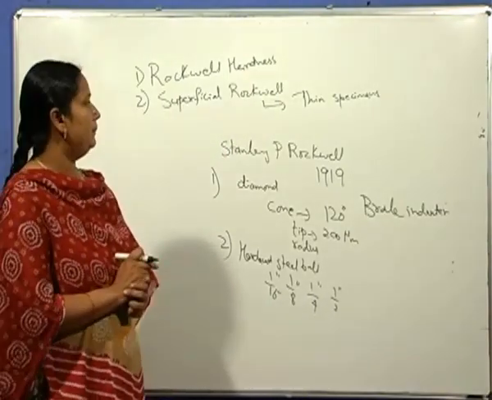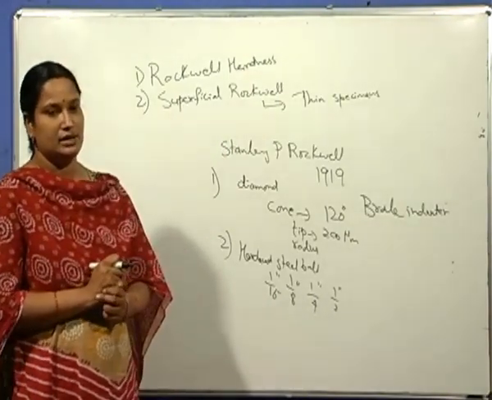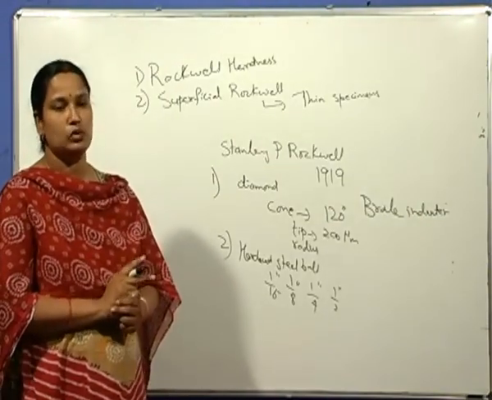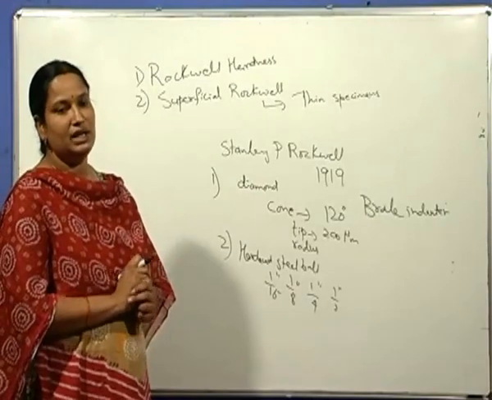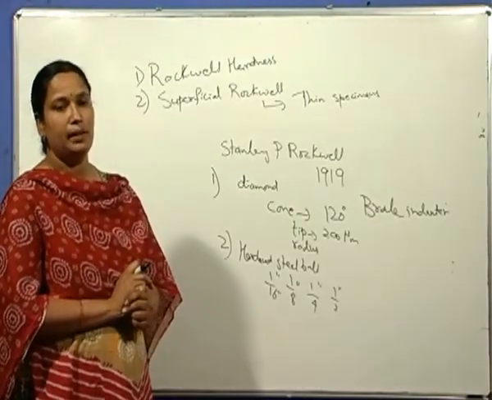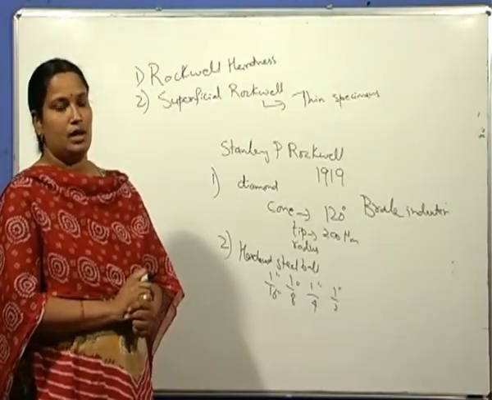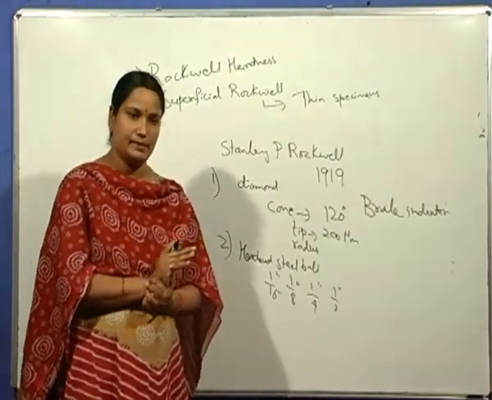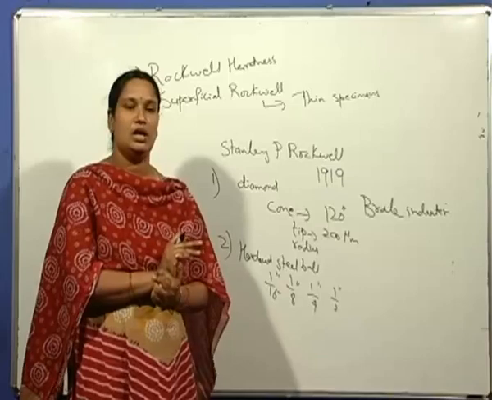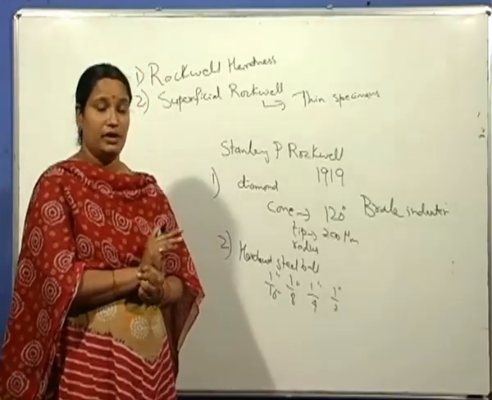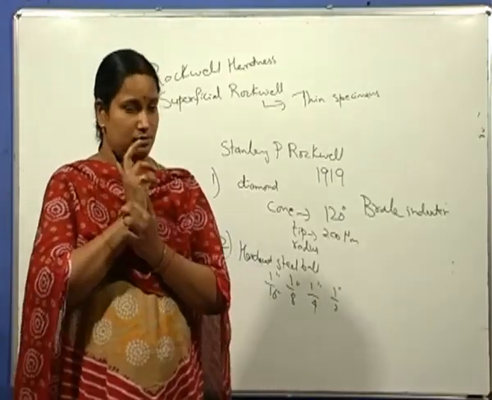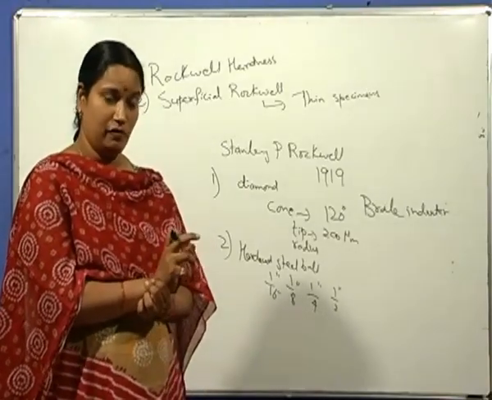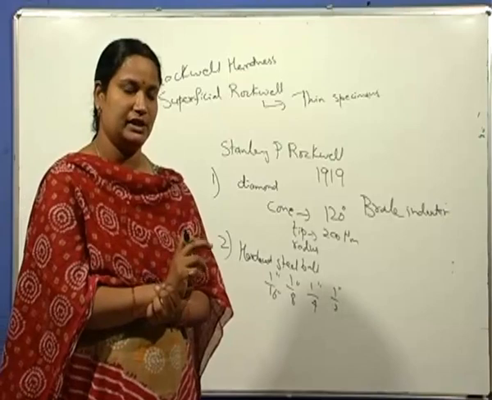So the principle behind this Rockwell hardness test is that it uses two types of loads. One is the minor load and the second is the major load. Unlike the other hardness tests that we have discussed, either Meyer's or Brinell or the case of Vickers, where one measures the dimensions of the indentation, in the case of Rockwell, one measures the depth of the indentation.